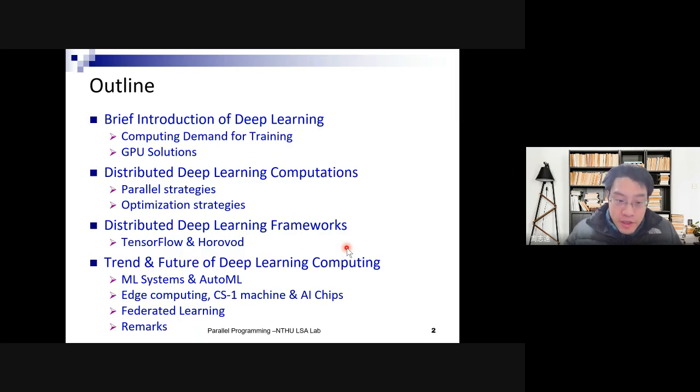Okay, and finally, actually more importantly, the topic we cover right now has already formed a new research community called ML system. Actually people have already found out that if you want to provide a production AI solution, most of the problems you face are not on the model, but on the system side.